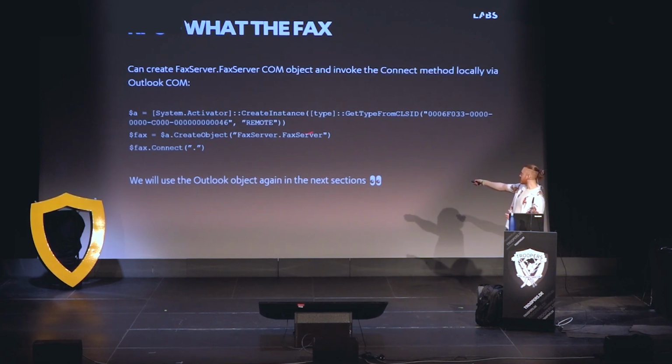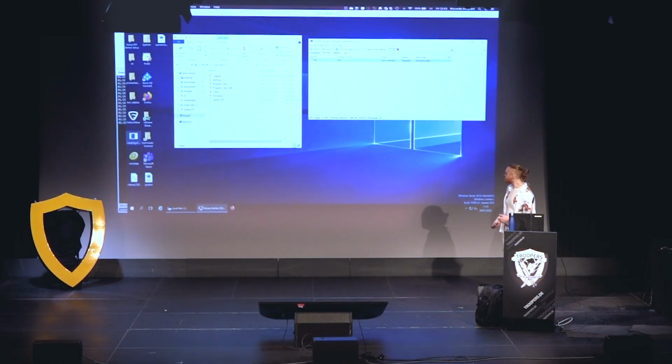Basically, you can pass the name of an object, and it will create it for you on the remote host. Thing is, if you do it like this, you will bypass the remote activation restrictions, and so you would be able to connect to fax using this weird Outlook thing. Is it feasible? Is it practical? I don't know. Can you do it? Yes. And this is a small demo.